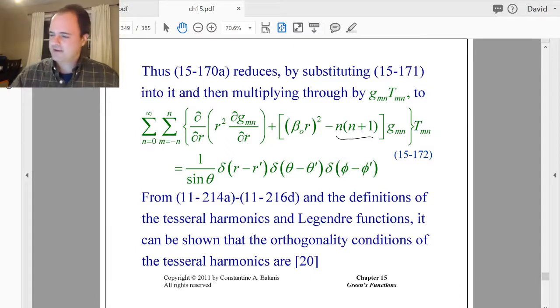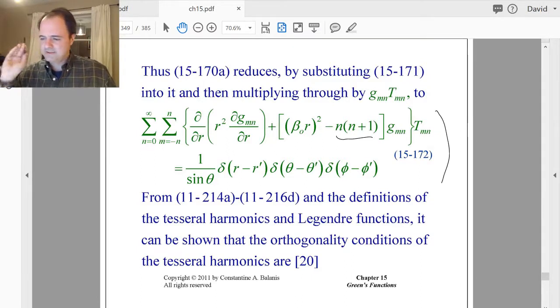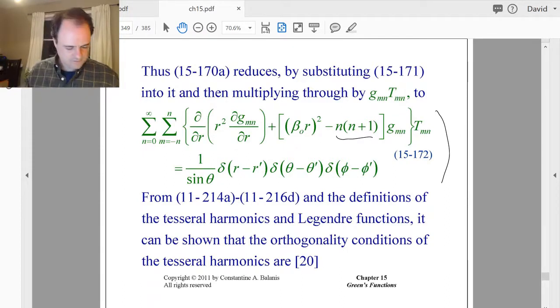Okay, so they made a couple of mistakes, but in the end, this is the correct formula, and this is what you have.